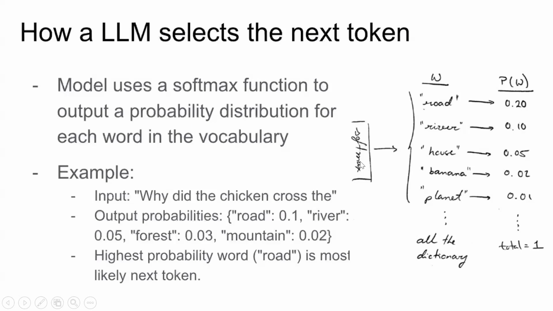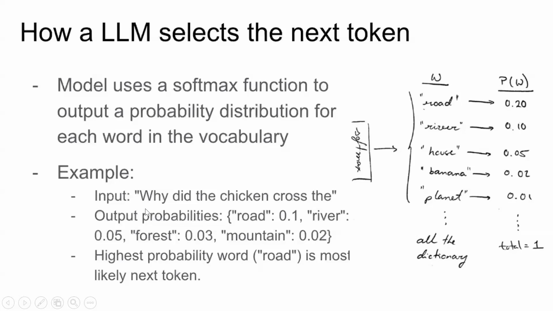Softmax is a function: when the output is generated, it produces the entire dictionary of words it has learned, along with each one's probability as a candidate for the next token, 0.2, 0.1, 0.05, and so on. If you sum them, it comes to 1.